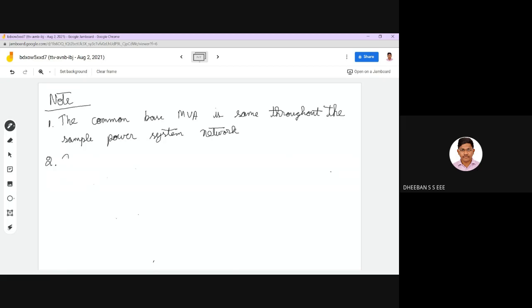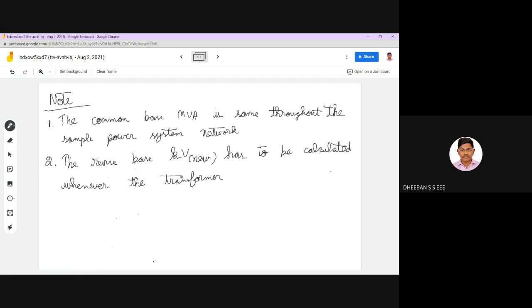So the second point is that the revised base kV, that is voltage, has to be calculated whenever a transformer is present in the network.